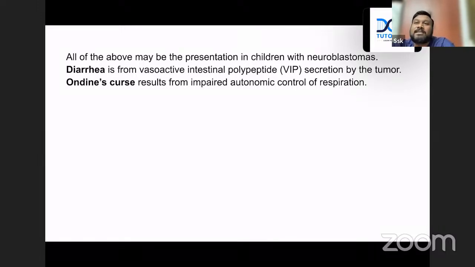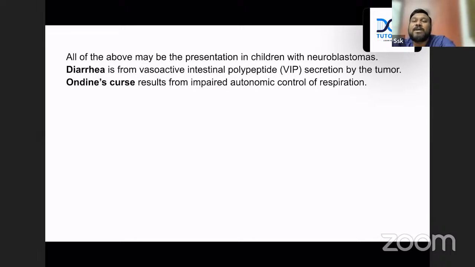So if he has to stay alive, he has to stay awake. If he sleeps, he will stop breathing. That is Ondine's curse. It is nothing but loss of the autonomic control of respiration.